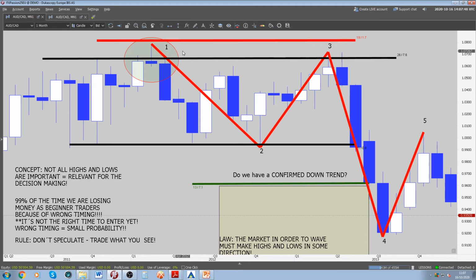See the numbers 1, 2, 3, 4, 5. Short the market with the lower high, okay. Where should the stop loss go? Above 1, below 2, above 3, below 4, above 5.